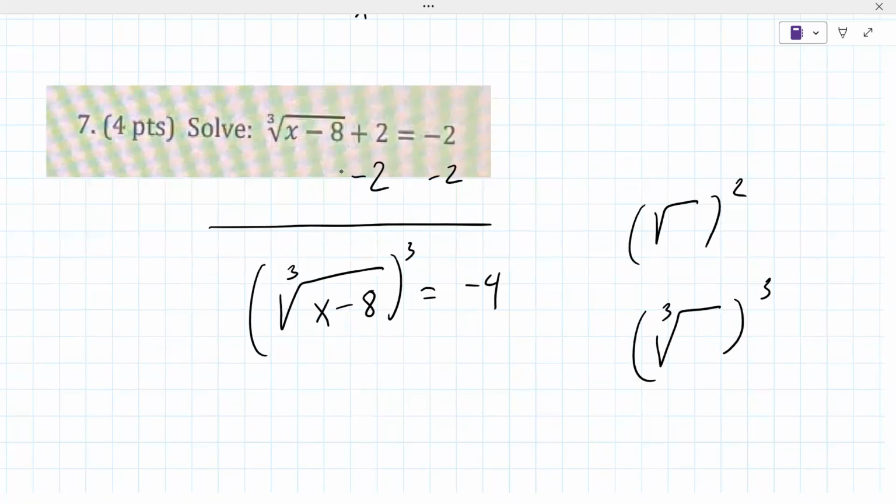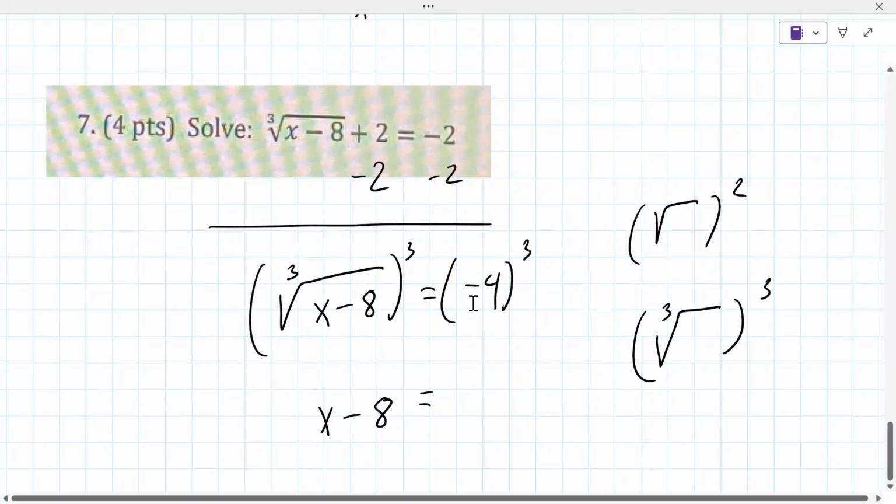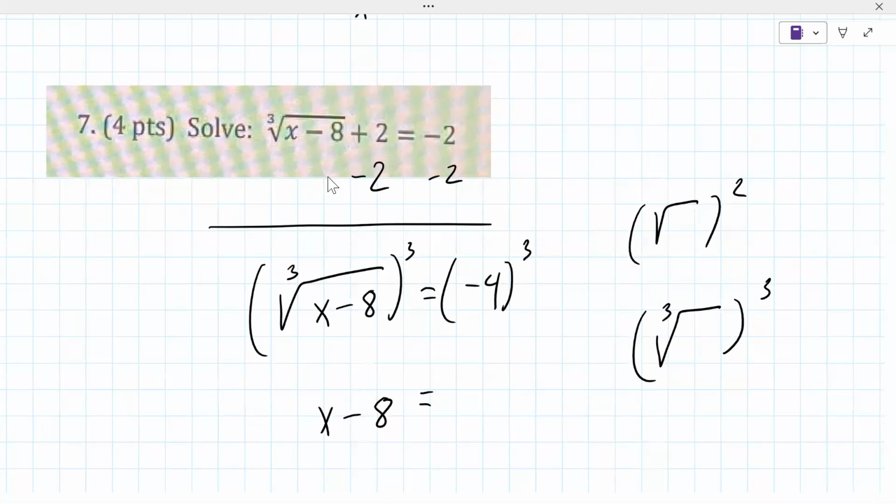So you raise both sides to the power of 3. So that's x minus 8 equals, can you tell me what -4 to the power of 3 is? -64. -64. Then you add 8 to both sides.